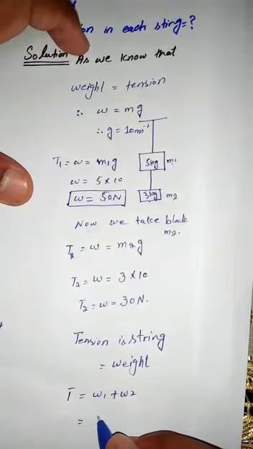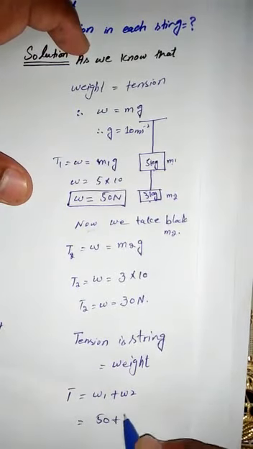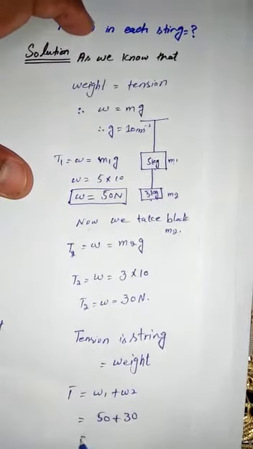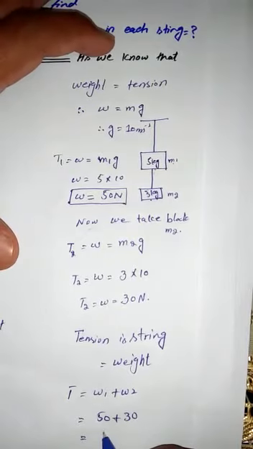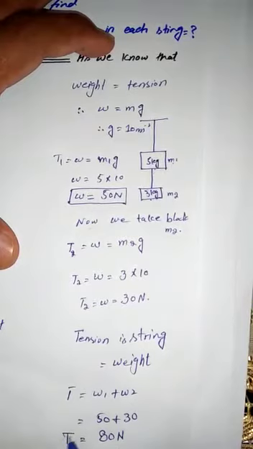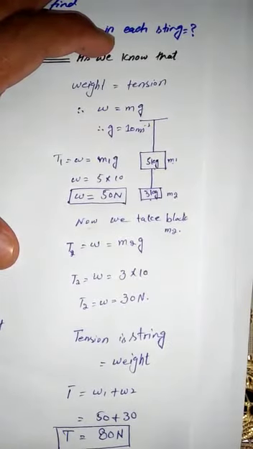W1 is equal to 50 plus W2 is equal to 30. Then the tension will be 80 Newton. That is our problem.